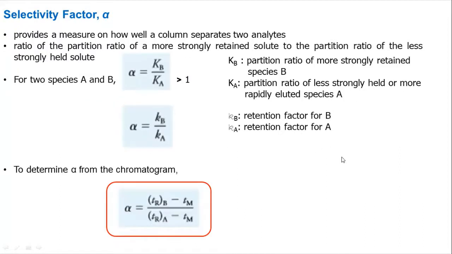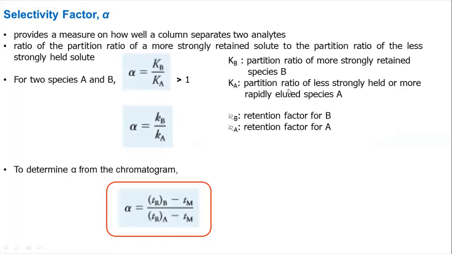Next is the selectivity factor, or small letter alpha. It provides a measure of how well a column separates two analytes. This is the ratio of the partition ratio of a more strongly retained solute to the partition ratio of the less strongly held solute.